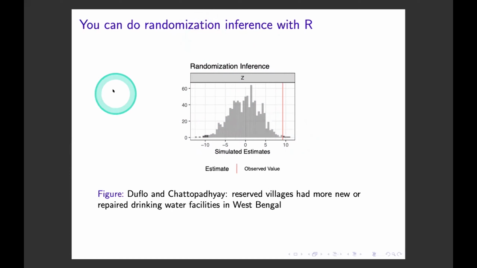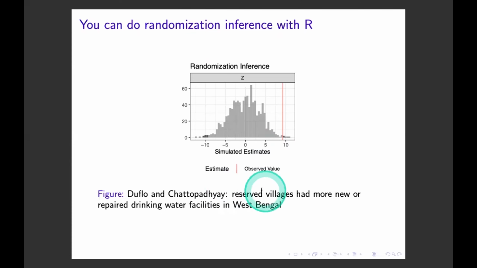Now this, interestingly, is from the paper by Duflo and Chattopadhyay. They didn't do randomization inference. I've just taken their data and done this just to show that this is something that you can do with R. The thing is that you tend to make fewer assumptions in randomization inference.